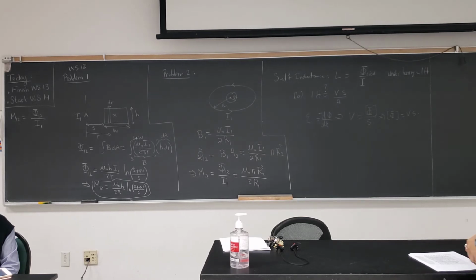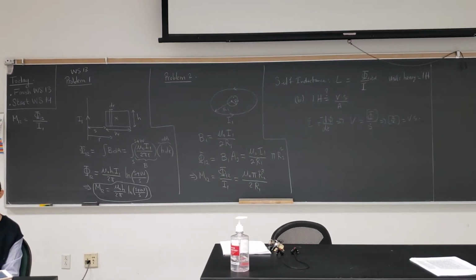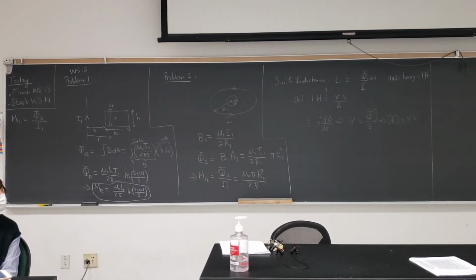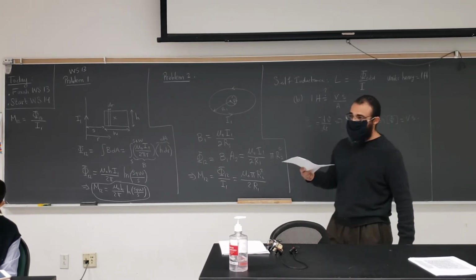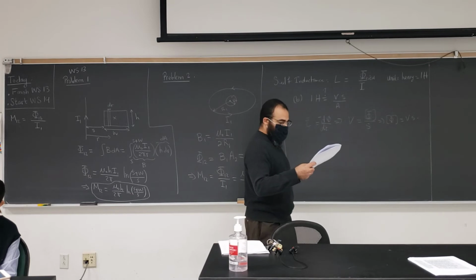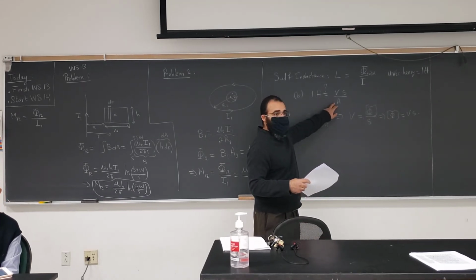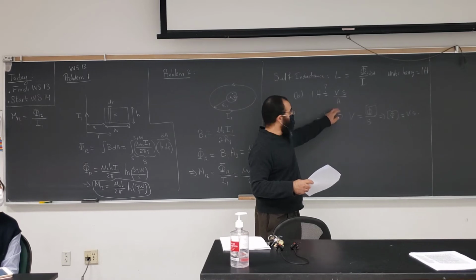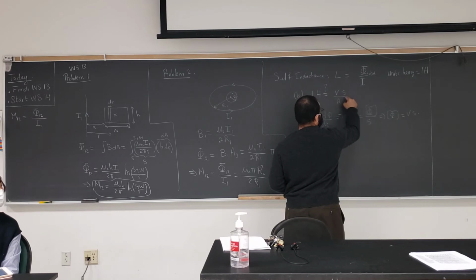Let me pause. So it turns out that all of them are true. A and B we verified. Let's verify C, starting from here. This is true. This is a Henry: volt times second per ampere.